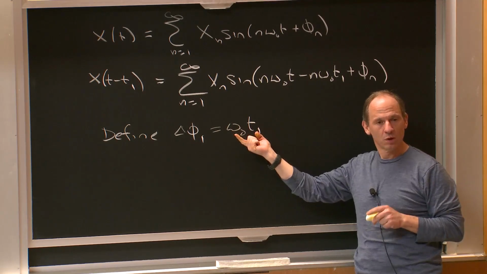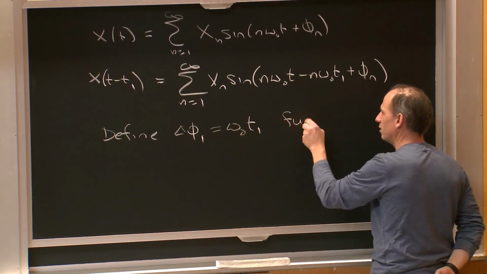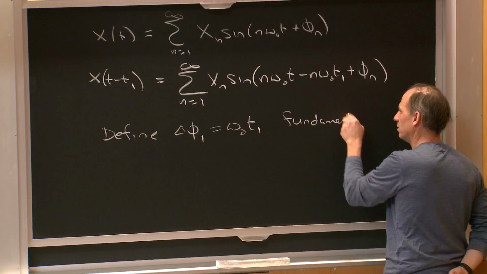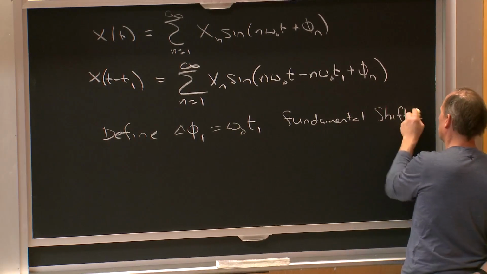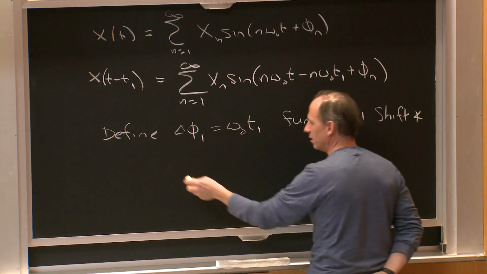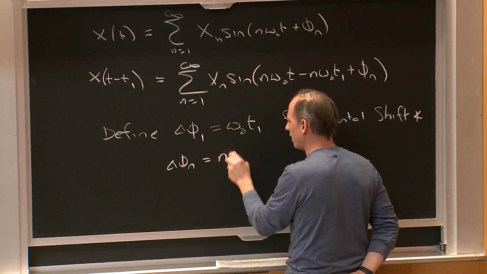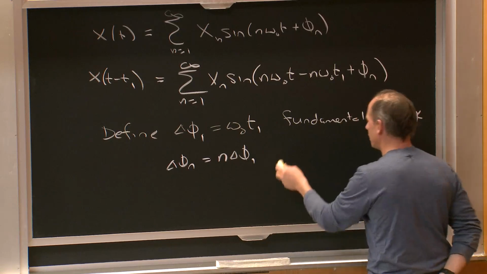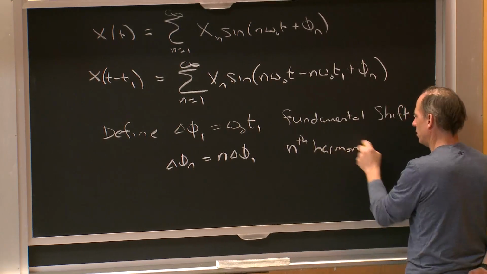What am I shifting the nth harmonic by? This is the fundamental shift. The nth harmonic, delta phi n, is equal to n delta phi 1. So this is the nth harmonic phase shift.